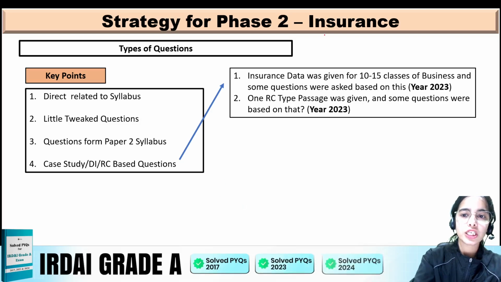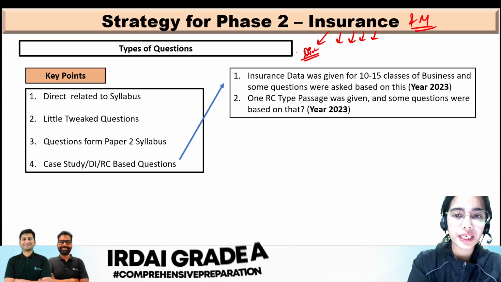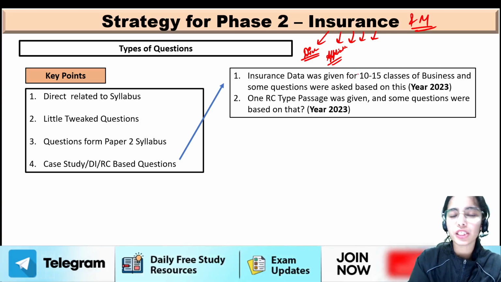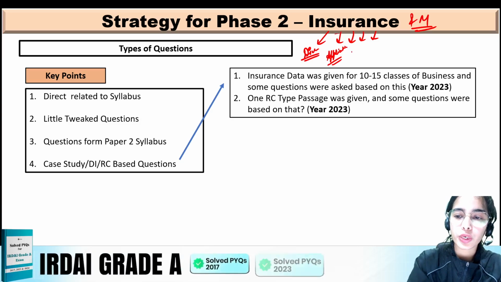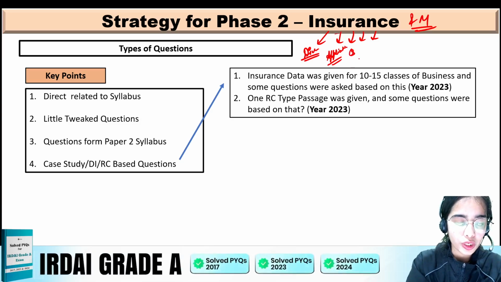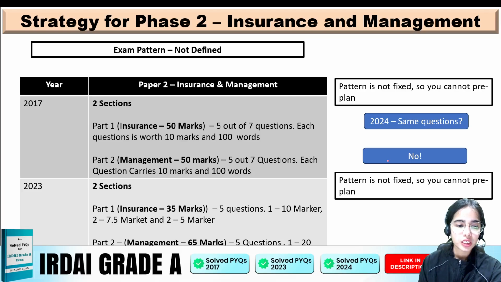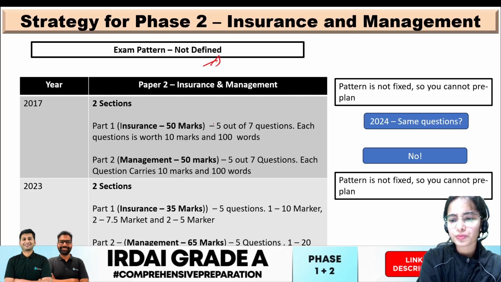There were direct questions related to syllabus, and some indirect questions, that means application based questions. If you have concept clarity, you will be able to answer the question.